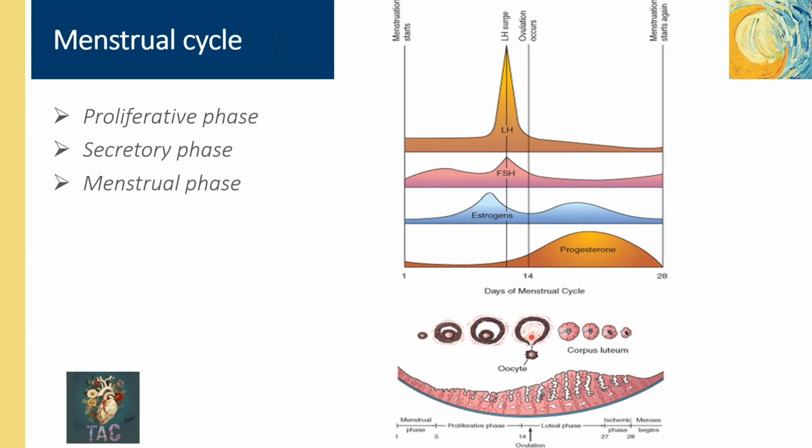So at the time of the mid-cycle, when ovulation occurs, there is a surge of the LH hormone, and under the effect of this LH hormone, when ovulation takes place, the corpus luteum starts to secrete progesterone, and this progesterone then affects the endometrium, and the endometrium enters into the secretory phase.